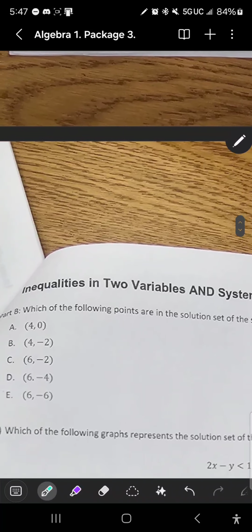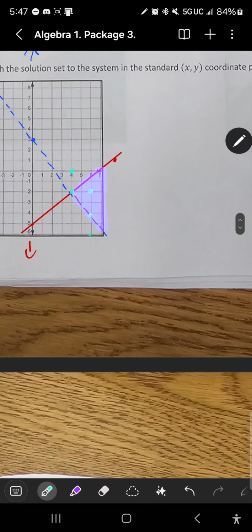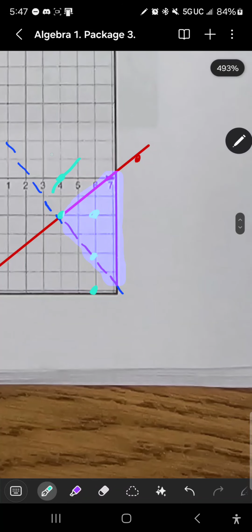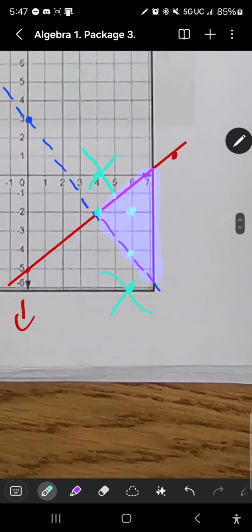Okay. 6, negative 6 is over here. Now, first of all, I can get rid of this one. I get rid of this one because they are obviously outside of the line.